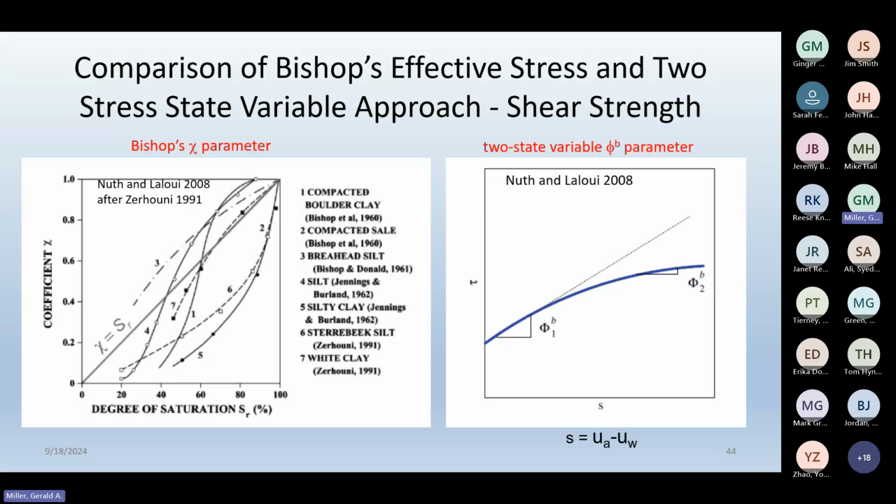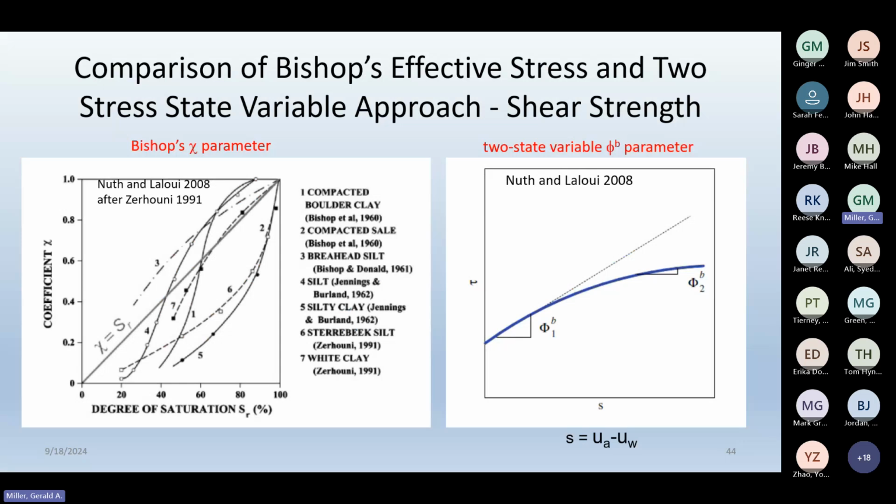And so in terms of defining phi b or chi, this is just an example of chi versus degree of saturation. You can see that generally these curves are close to 1, the relationship. In other words, chi is equal to degree of saturation along there.